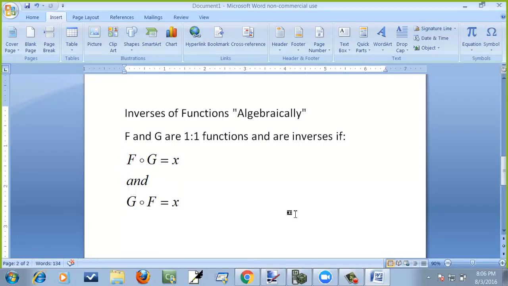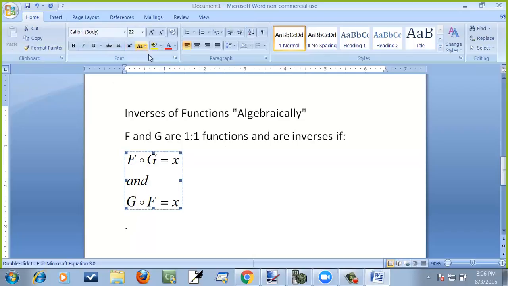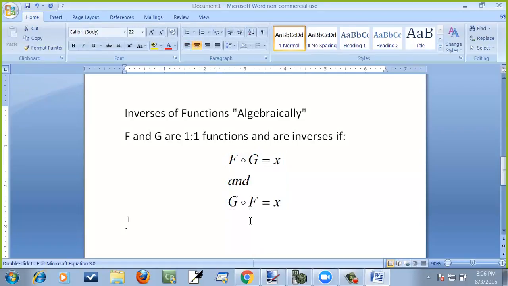That's what it means from an algebra standpoint. Well, let's take a look at an example.